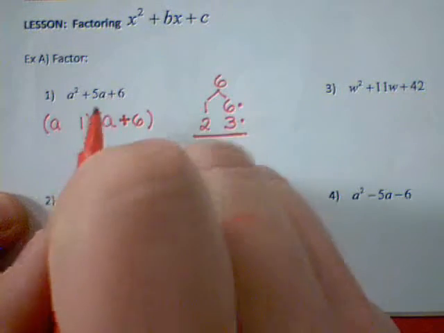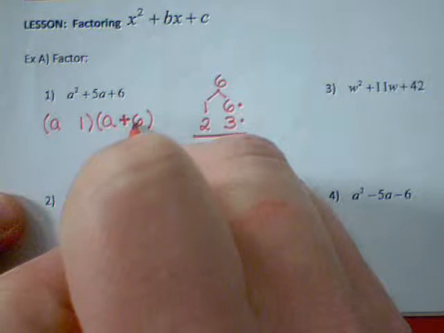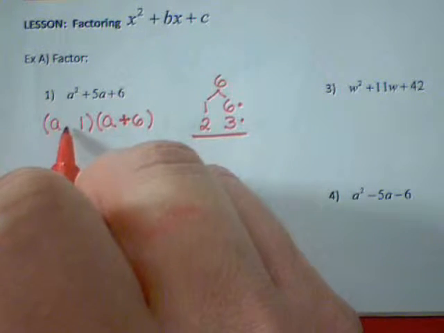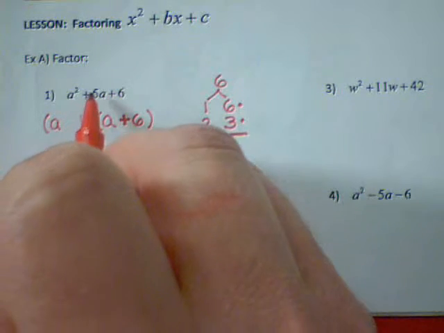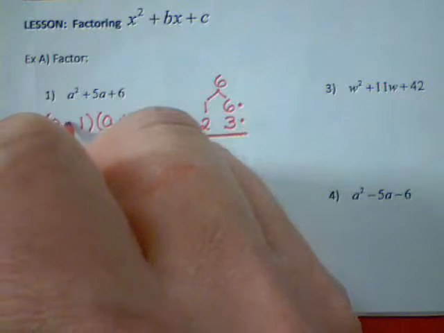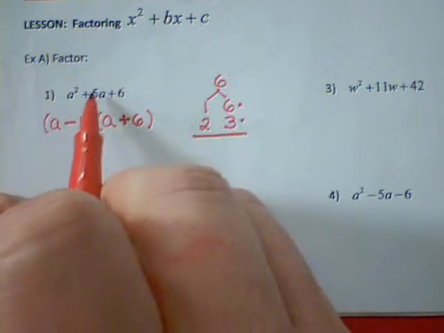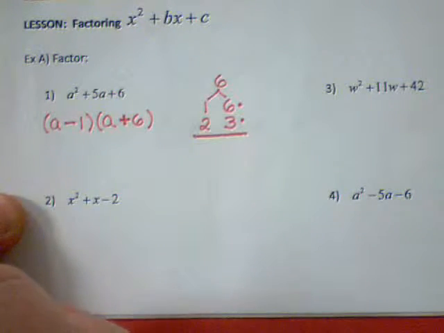Now that you know that 6 is positive, you need to ask yourself, positive 6 plus 1 or minus 1, which gives me positive 5? Well, positive 6 minus 1 is the one that gives me positive 5. Great.